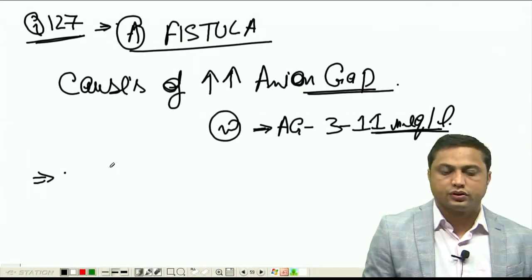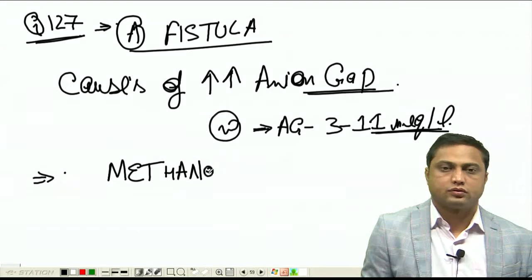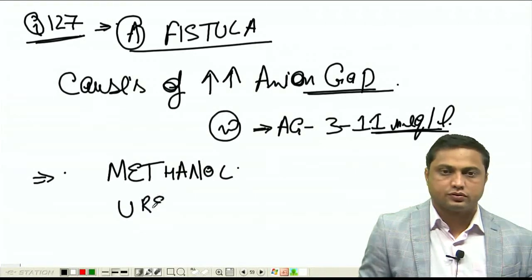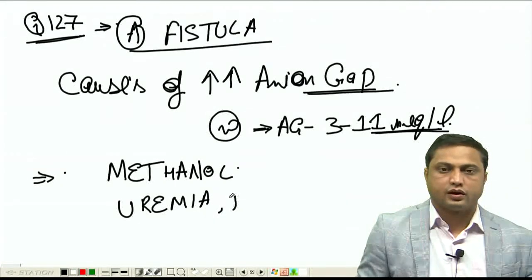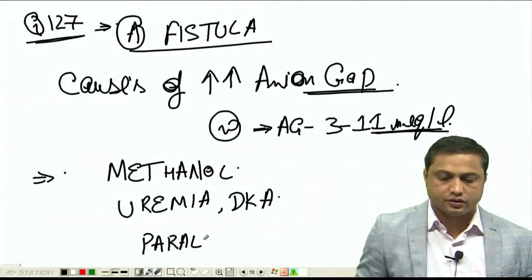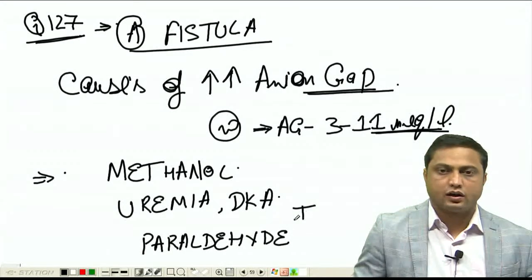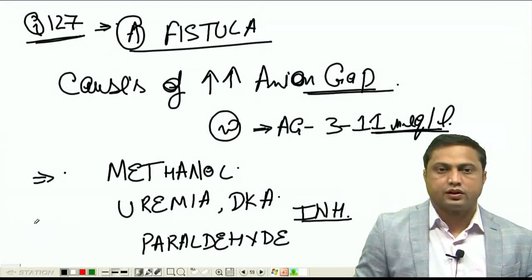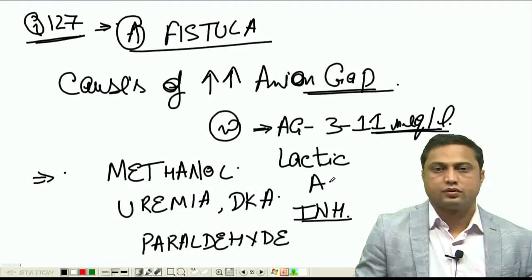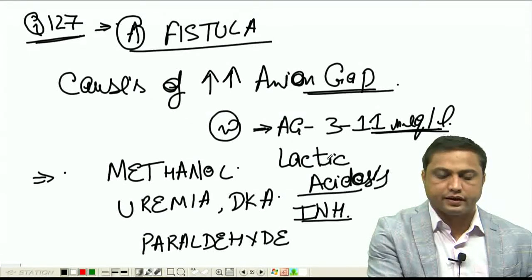Causes include methanol, uremia, diabetic ketoacidosis, paraldehyde, drugs like INH, then lactic acidosis. These are some of the causes of increased anion gap.